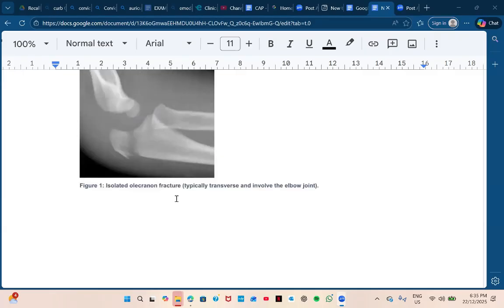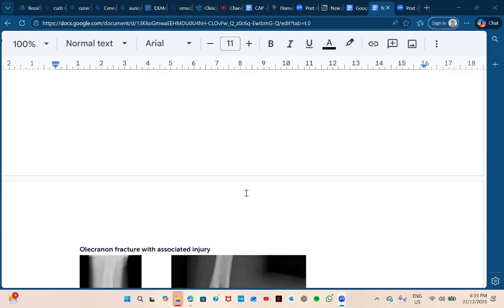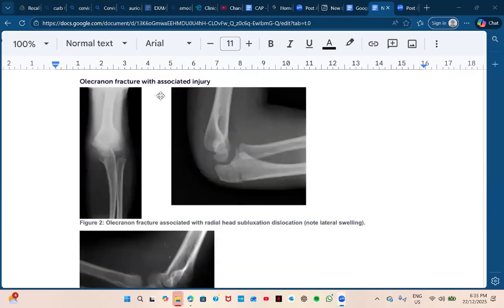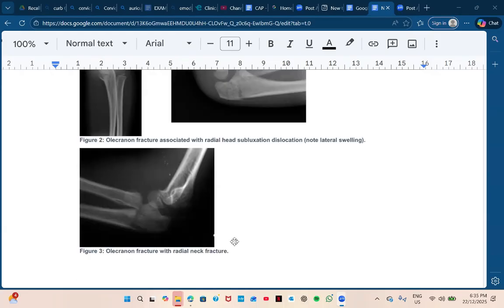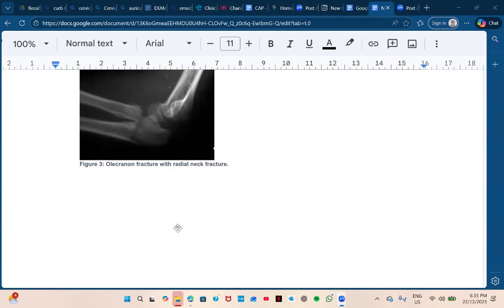The isolated olecranon fracture typically transverse and involves the elbow joint. This is how it appears. Here, the olecranon fracture with associated injury, the same thing, associated with radial head subluxation or dislocation. Here you can see the fracture like that.